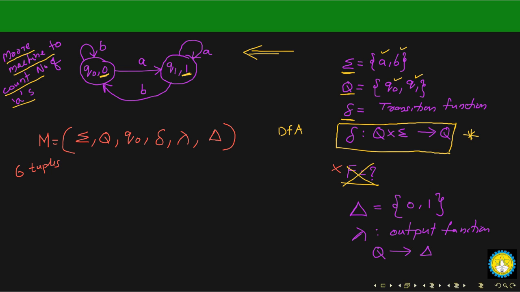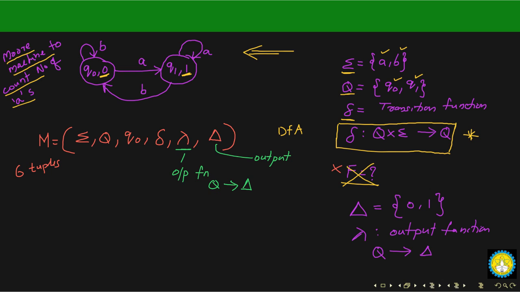Remember, very importantly, that lambda is the output function, which is defined from Q to delta. And delta is the output set, which is a set of all the probable outputs.